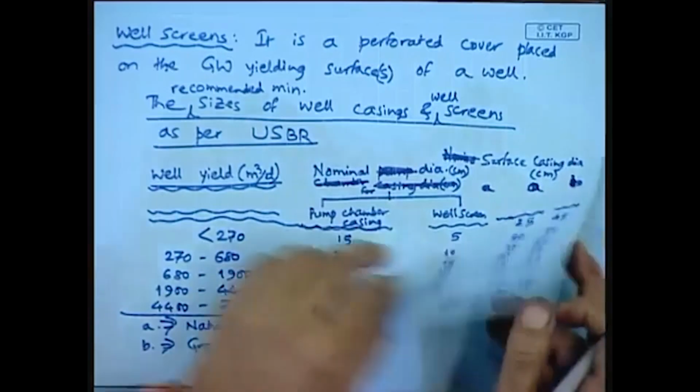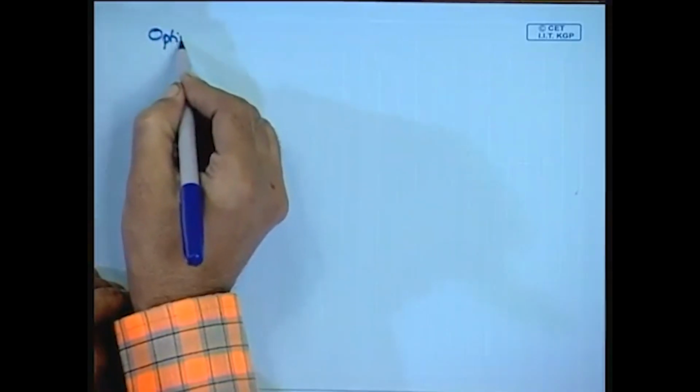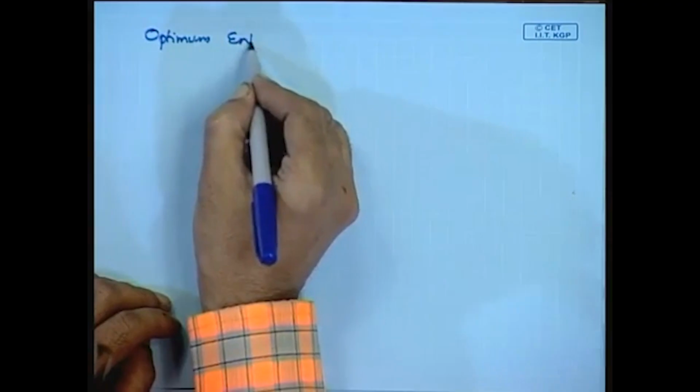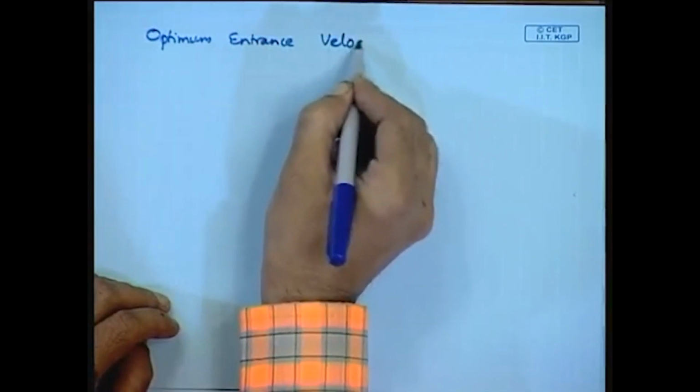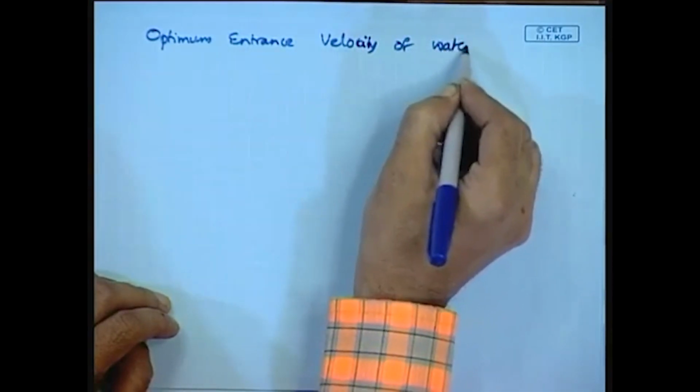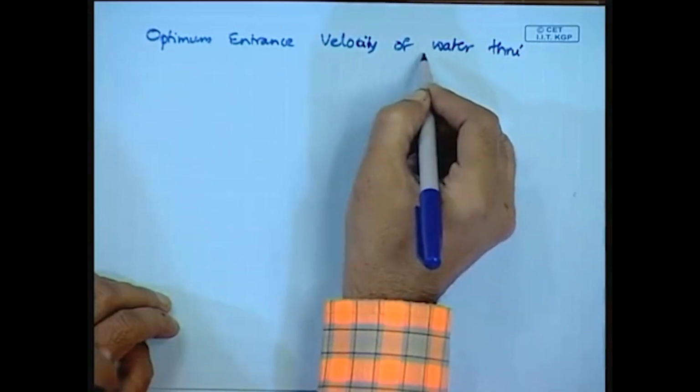Now we will move on to the equation that is also given for the optimum entrance velocity of water through a well screen. Water, that means obviously this is groundwater.